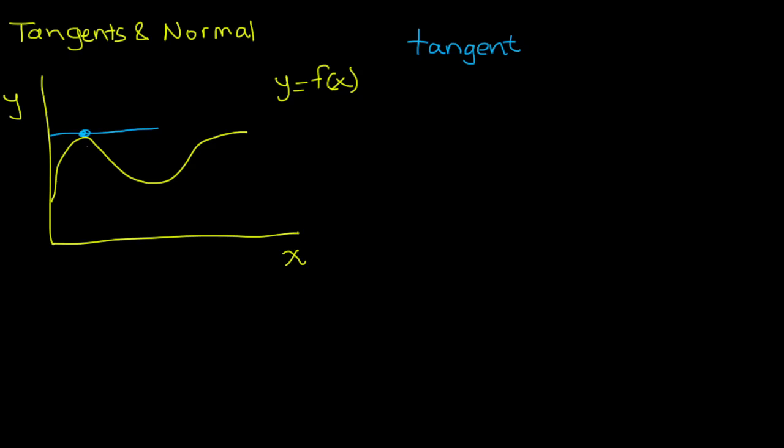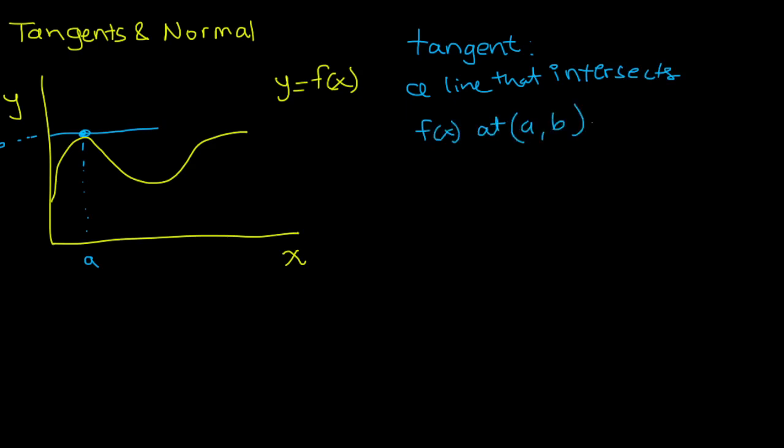So in this case, let's say it intersects at A, B. A line that intersects f of x at A, B. So only once.